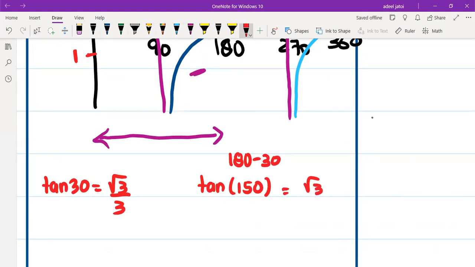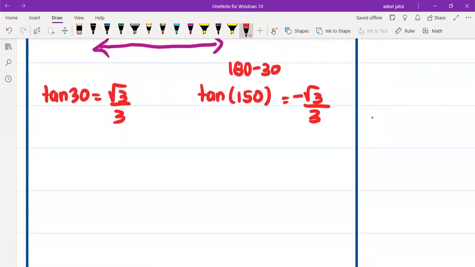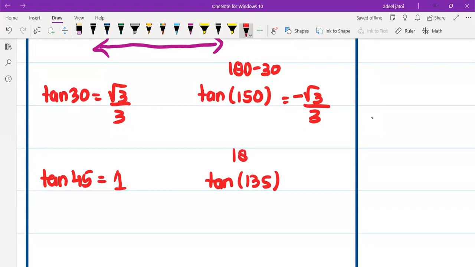So the answer will be root 3 upon 3, but the answer would be negative because of the obtuse angle, and obtuse is negative. If we say tan 45, we get 1. But if we get 135, which is 180 minus 45, the answer is 1, but because it is obtuse, it will be negative.